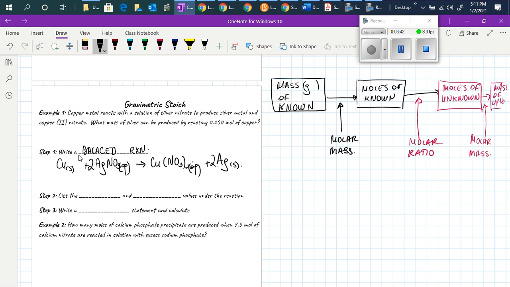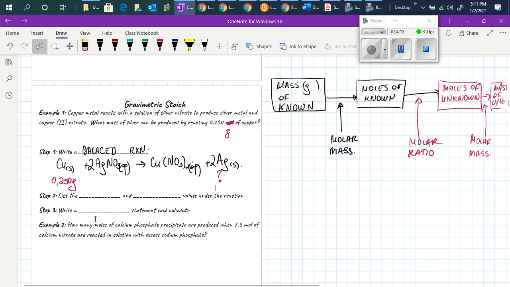Now what is given in our reaction is that we have, let's make this grams to make it a bit more complicated, 0.250 grams of copper reacting. And what we are looking for is the mass of silver.